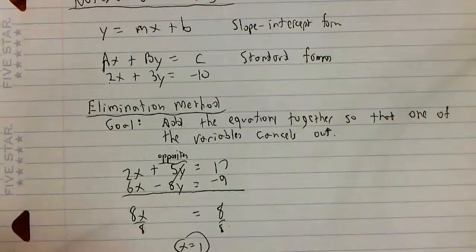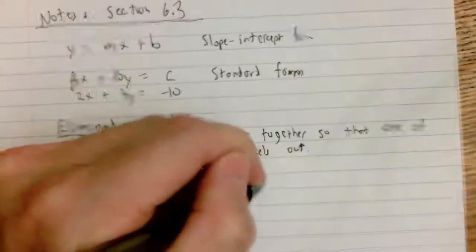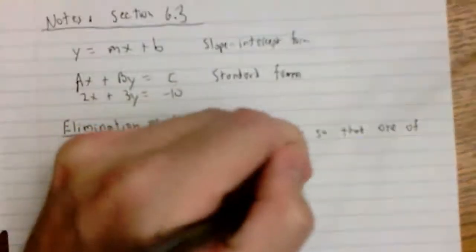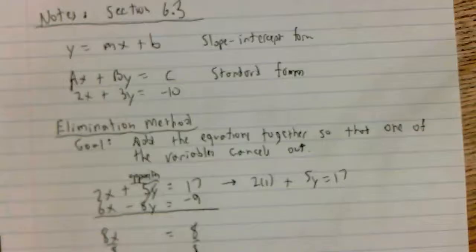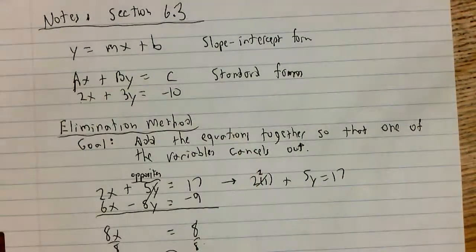Once I have x equals 1, I could take the top equation and put the 1 in for the x: 2 times 1 plus 5y equals 17. Of course, 2 times 1 is 2, so I'd have 2 plus 5y equals 17.